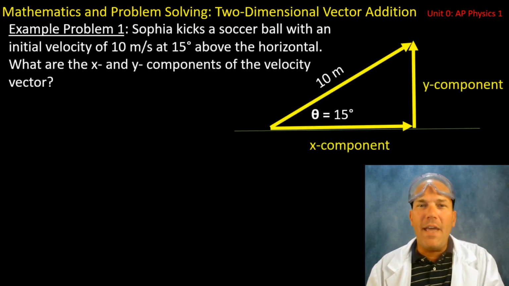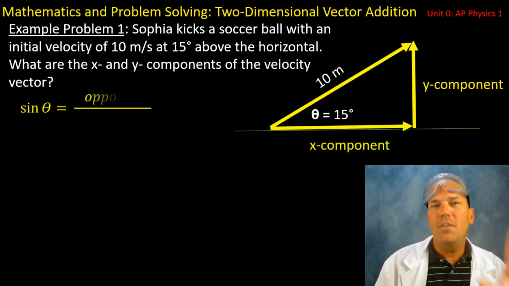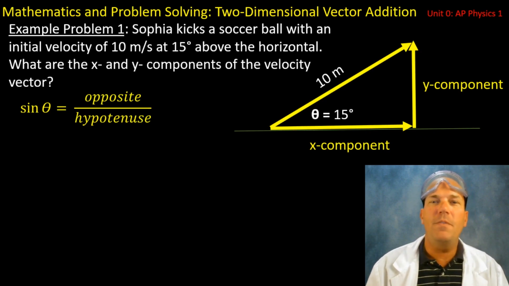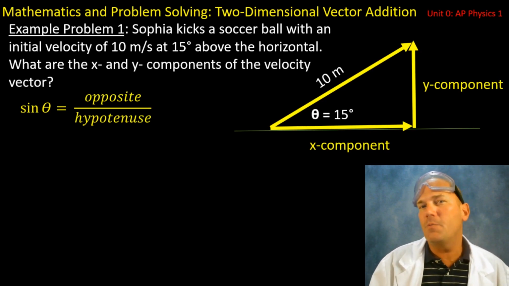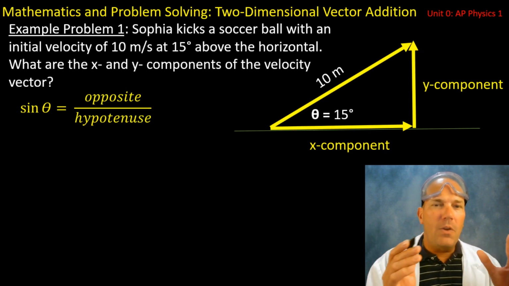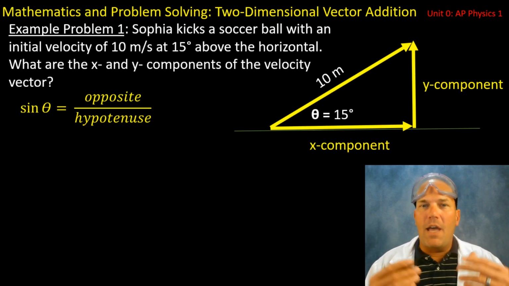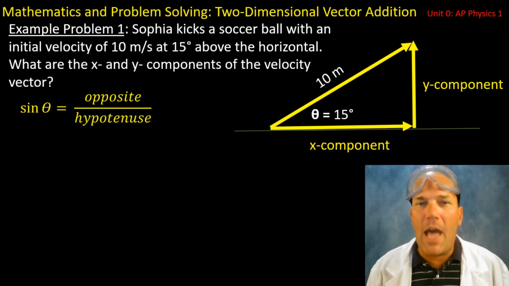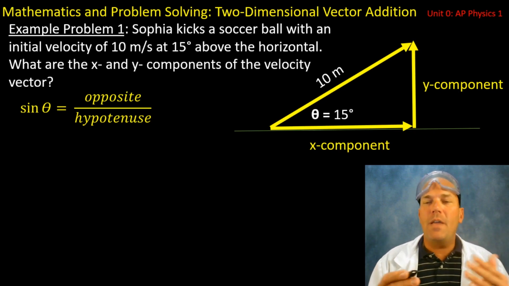We are going to next look at using one of the trigonometric functions to solve for a side of this right angle triangle. So in this case here, I'm using sine theta, which is equal to the opposite side over the hypotenuse.